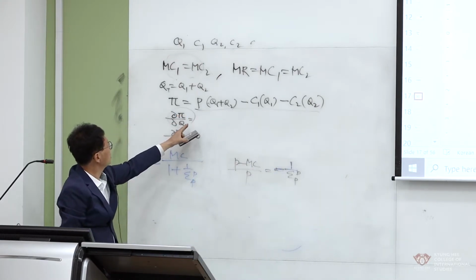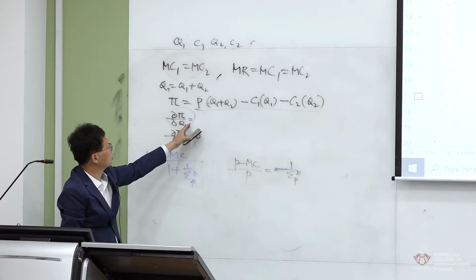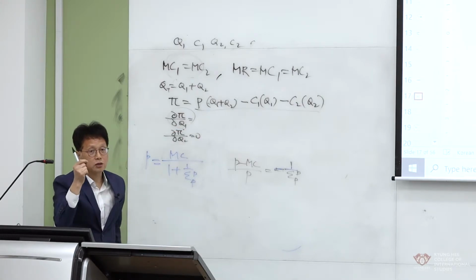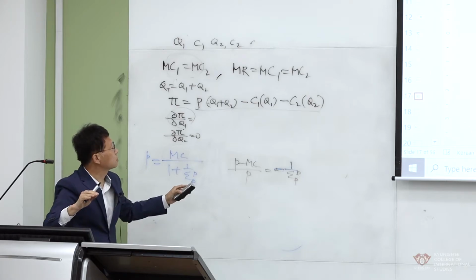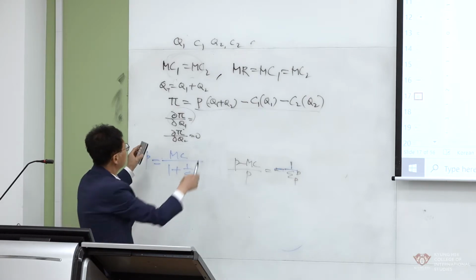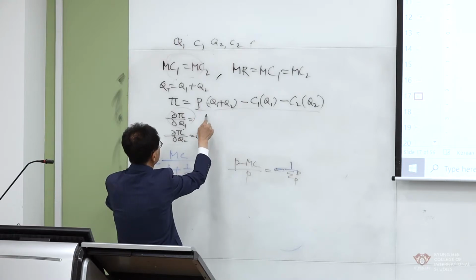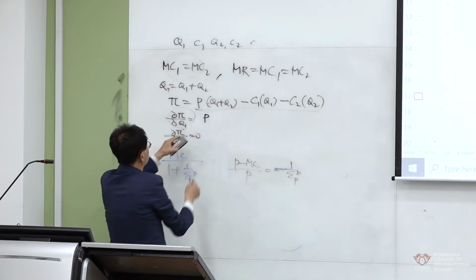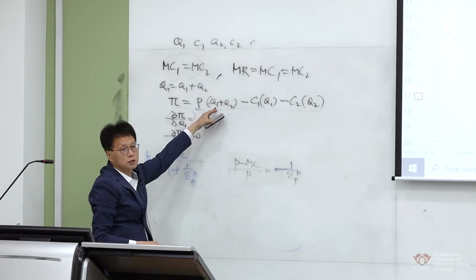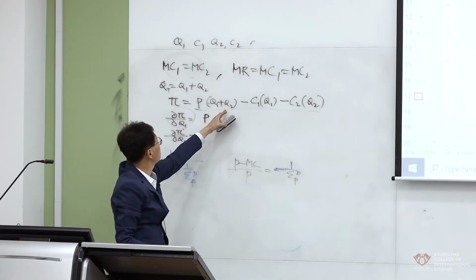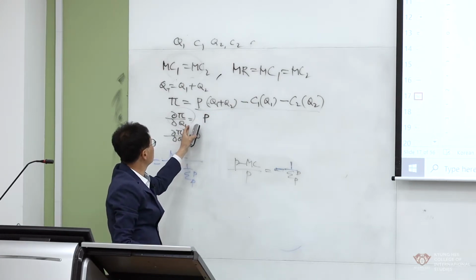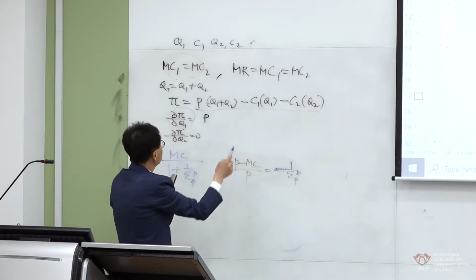In the partial derivative of this function, Q1 is the variable and Q2 is just a constant, right? So the first derivative of P(Q)·Q1 with respect to Q1 is just the price, because Q1 is the variable. And P·Q2 with respect to Q1 is 0, because it is constant.